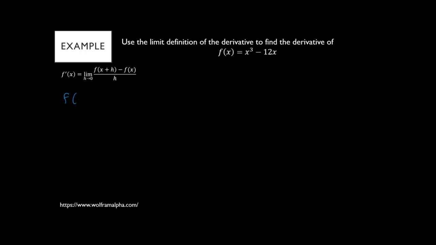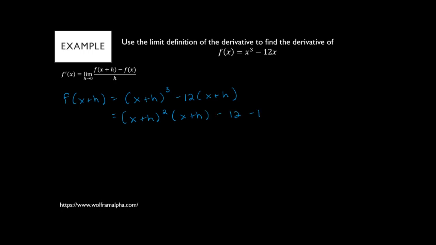When I need to find f of x plus h, and I plug that into our cubic, we have x plus h cubed minus 12 times x plus h. Well, that's not easy to do by hand. If we were to try to do this by hand, you can do x plus h squared first and then multiply it by an x plus h.